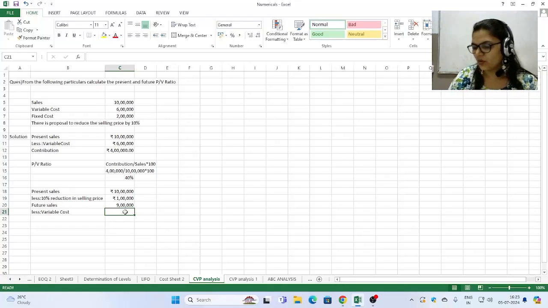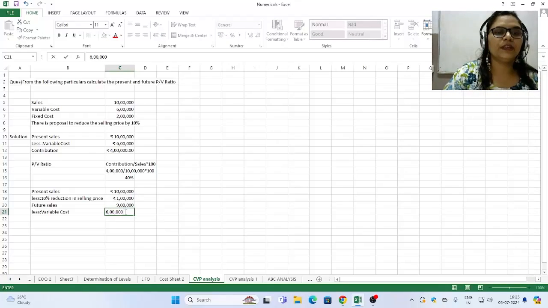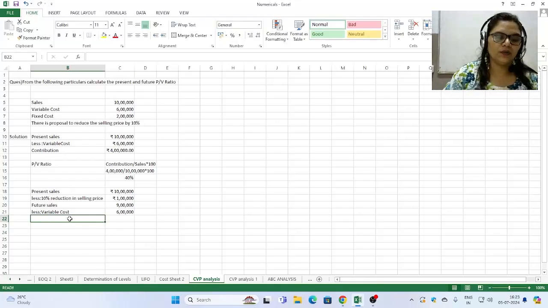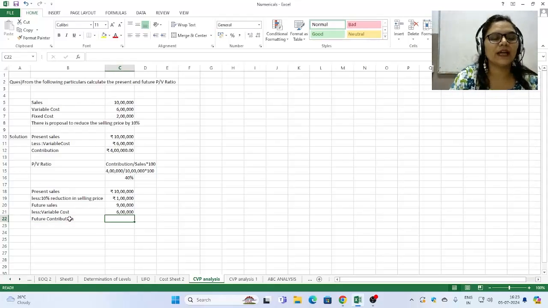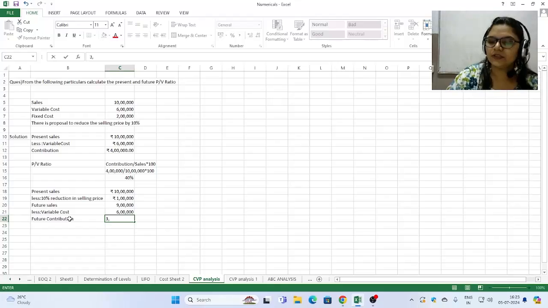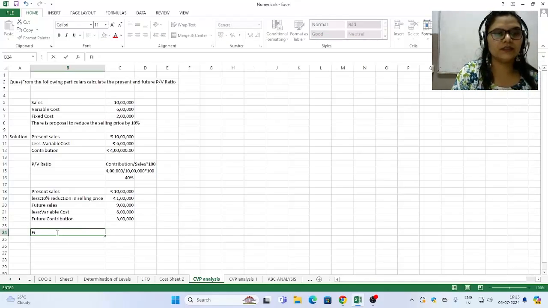Variable cost, there is no information regarding reduction in variable cost, so we will take as it is the value of variable cost, which is 6 lakh. Future contribution is 9 lakh minus 6 lakh, which will give you 3 lakh. So we will calculate the future PV ratio with the help of future sales and future contribution.